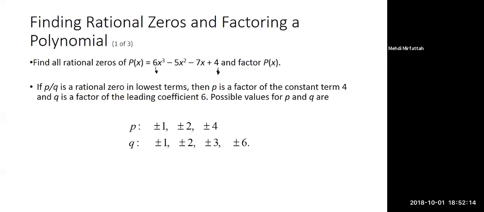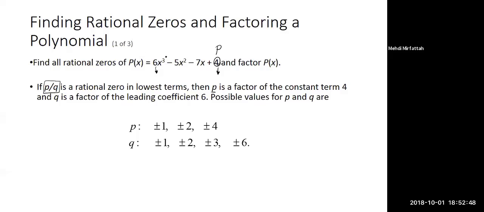These are the two terms that you want to look for, because if you recall, when you're finding all these P over Q rational zeros in the lowest terms, P is a factor of the constant. So this would be my P. Factors of 4. What are the factors of 4? Would be 2, right? 4, 1. These are all factors of 4.